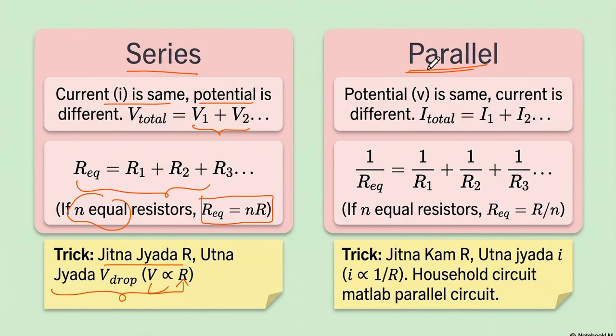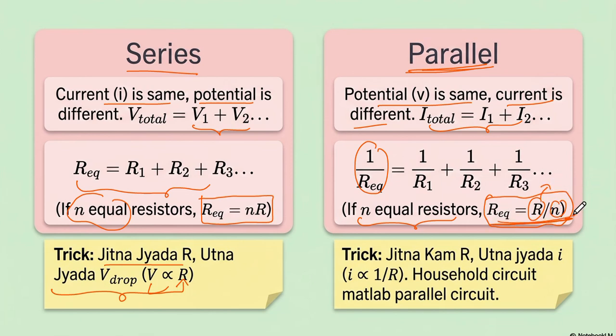But in case of parallel connection, potential remains the same and current changes. Currents are different. So if we add the currents, we get 1 upon R equivalent is equal to 1 by R1 plus 1 by R2 plus 1 by R3 and so on. If n identical resistances are given, then the net resistance is R upon n, where n means how many resistances there are, and R means the value of the resistor.